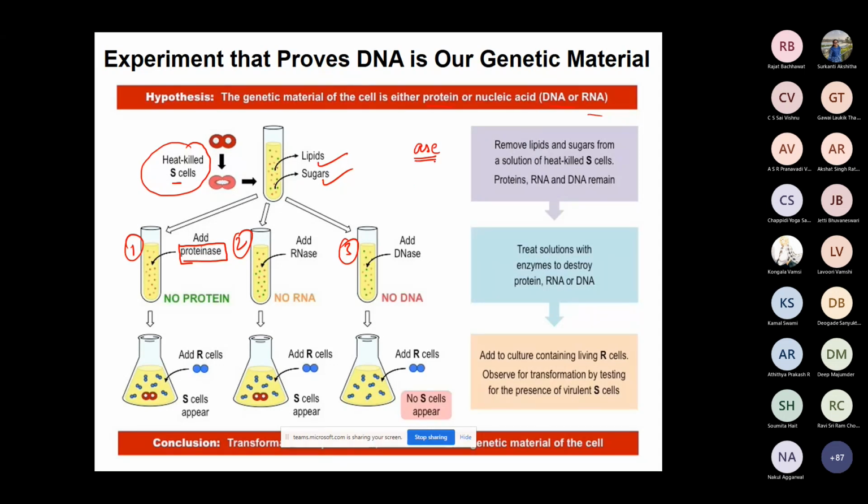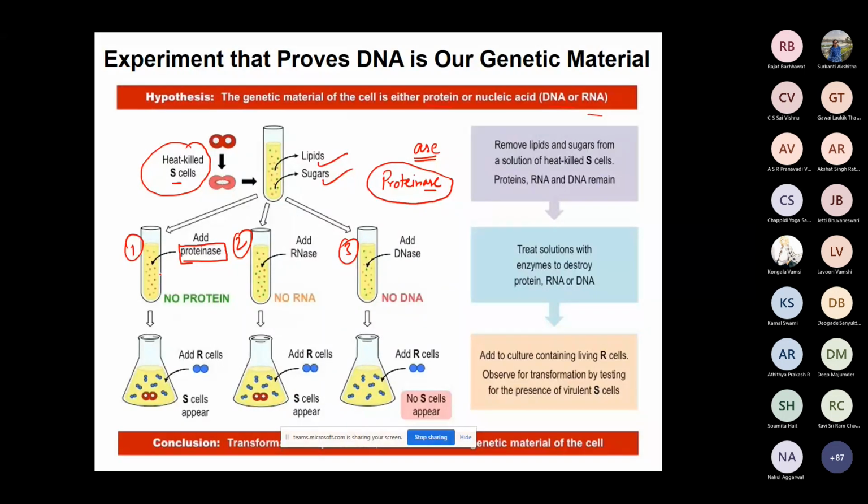So if some enzyme name is proteinase, that means this enzyme will cleave or chop up protein. So proteinase will destroy protein. In the first tube, they took the sample and added proteinase. That means in this tube, no protein is there.